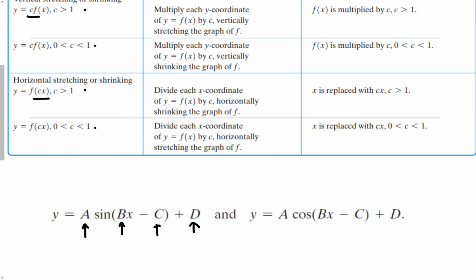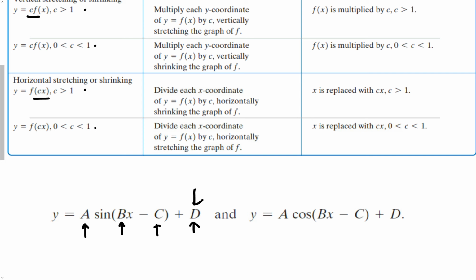This number right there is going to move the function up or down because it's outside. And again, we don't call this a vertical stretch or compression; we call it the amplitude. So we get our amplitude, we have our period change, we have our phase shift, and we have our vertical shift. The only one with the same name is vertical shift.